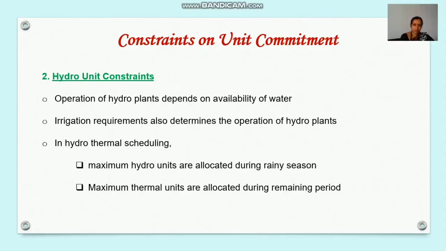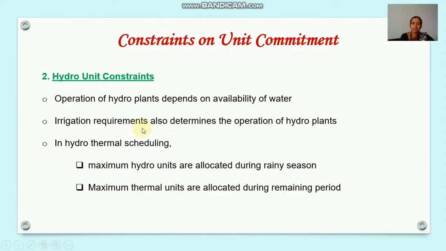So now, while assigning load to the hydroelectric plants, we have to consider certain factors. One is the operation of hydro plants depends on availability of water. Now the second point is hydroelectric projects are multi-purpose projects. So the water in the dam may also be used for irrigation requirements. So the operation of the hydroelectric plant also depends on irrigation requirements.